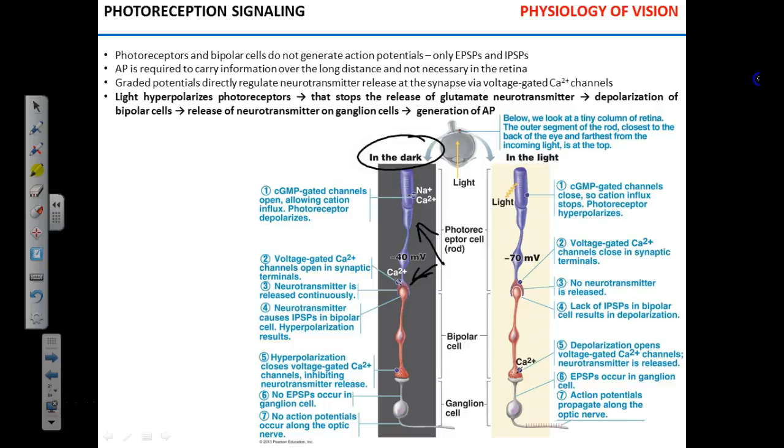Okay? It's glutamate, which is in this case inhibitory neurotransmitter. Does that make sense? Release of inhibitory neurotransmitter in that synapse inhibits, hyperpolarizes bipolar cell. Does that make sense?